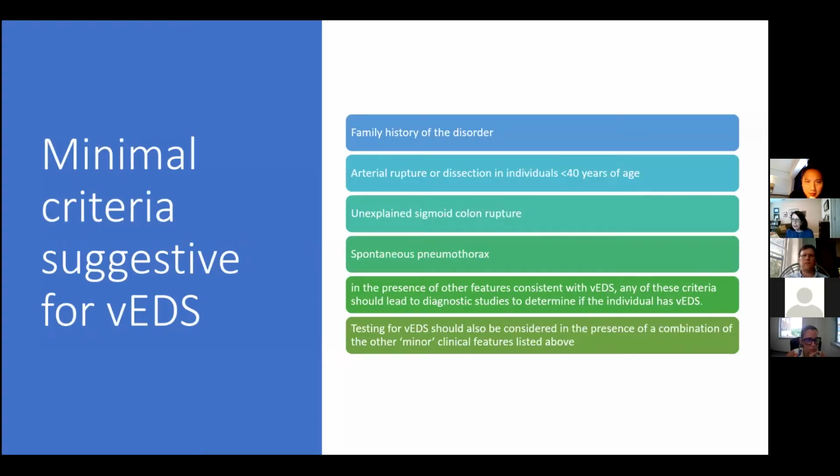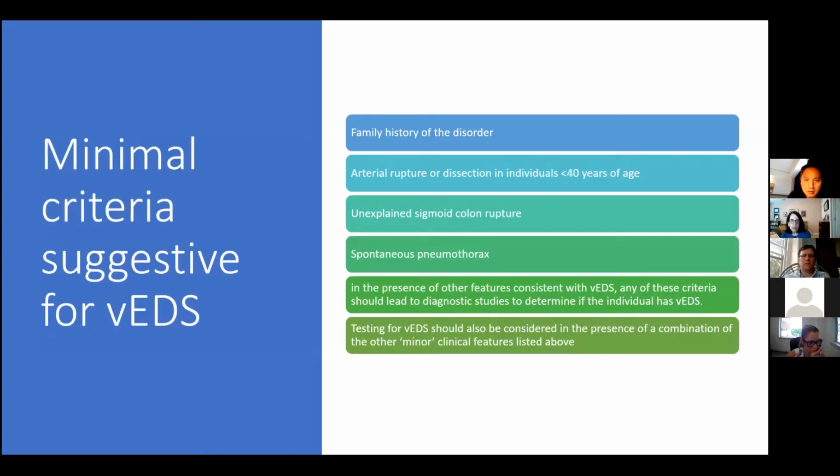So the committee that defined the new criteria for vascular EDS decided against making hard and fast diagnostic criteria, and instead offered us minimal criteria suggestive for vascular EDS. And so they said, if you see any of these things, you should really be thinking about the vascular type of EDS. And if you're thinking about the vascular type of EDS, you should be ordering testing to rule it in or out.